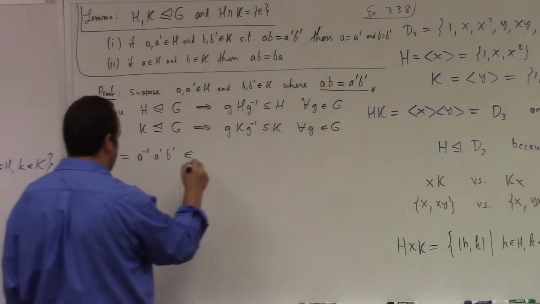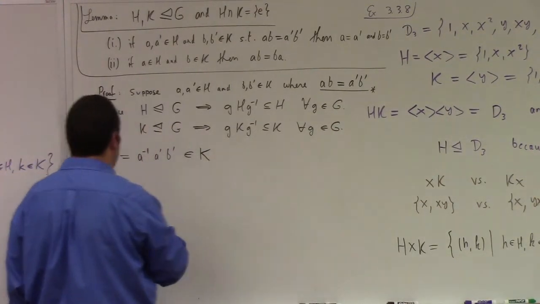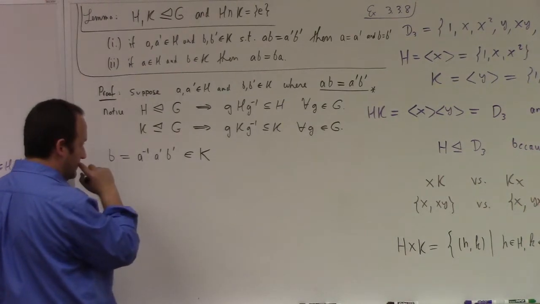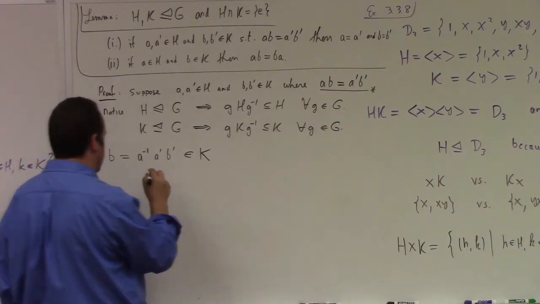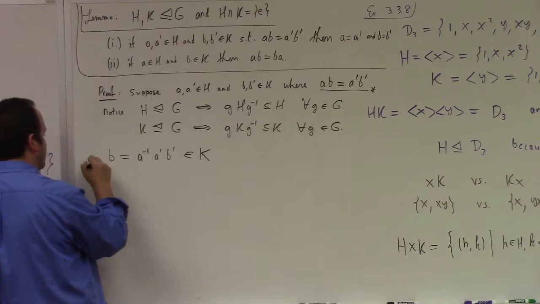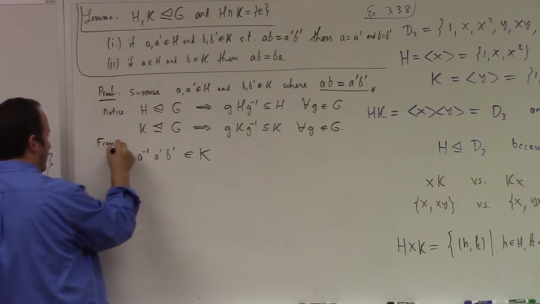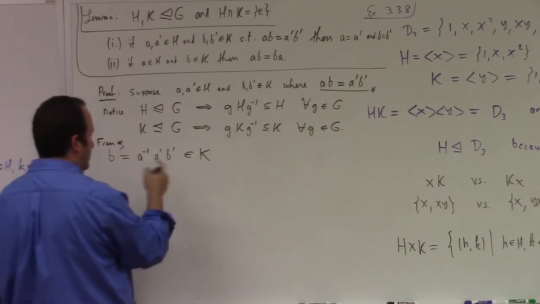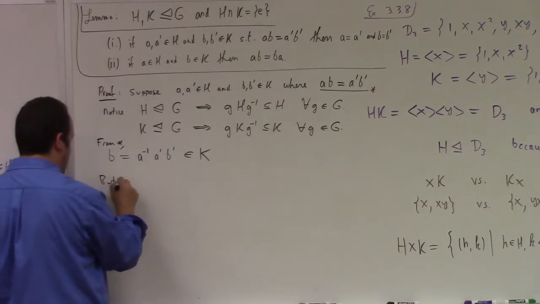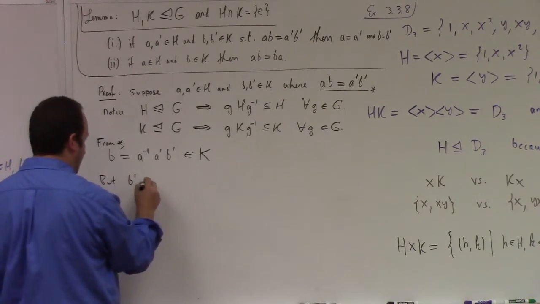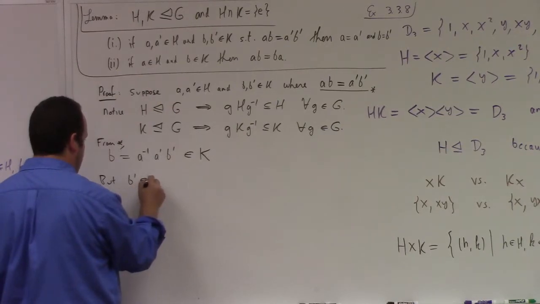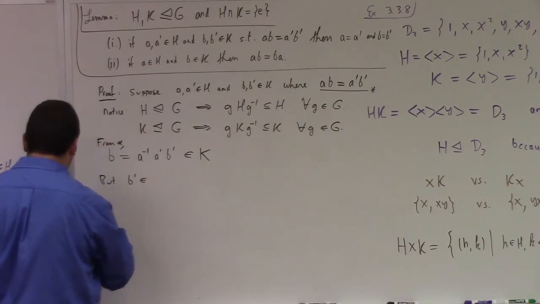In K. All right. Which implies what about, what does that imply from star? Oh, but b prime is where? Is an element of K. Well, how about this then?